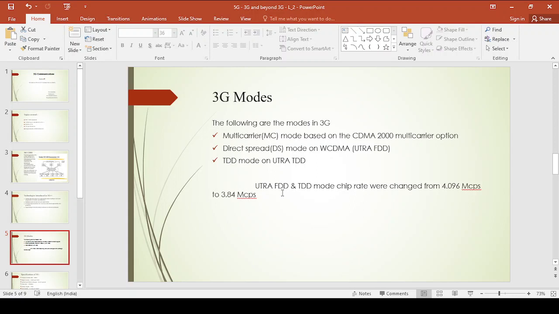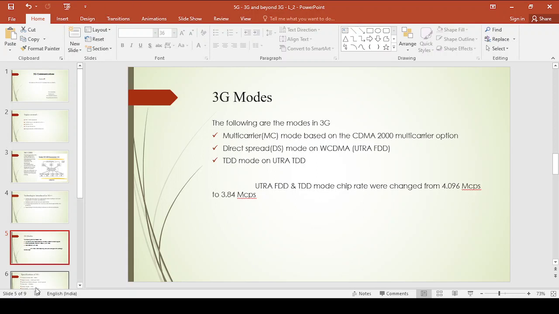If you see the UTRA FDD and TDD, the chip rate differs: FDD has the maximum chip rate and TDD has a somewhat lower chip rate, a slight variation only. Now these were the modes in which 3G operates: multi-carrier mode, direct spread mode, and time division duplex mode.